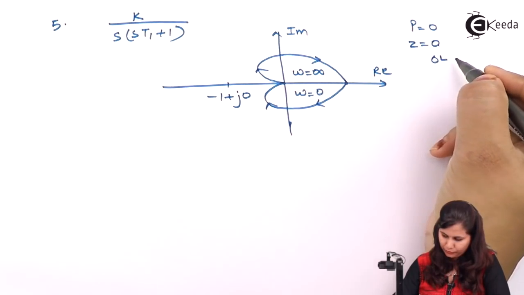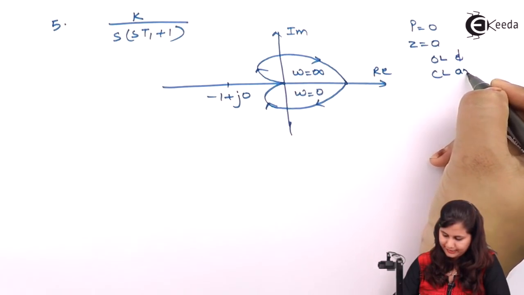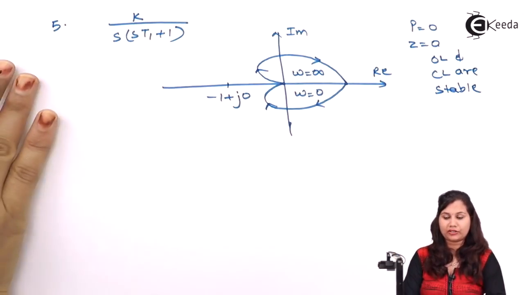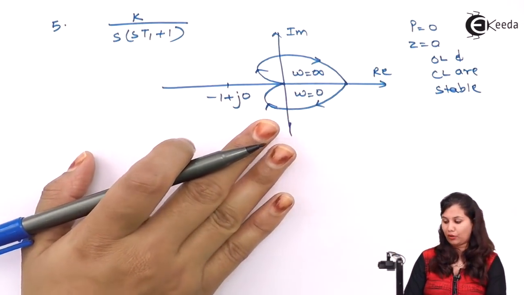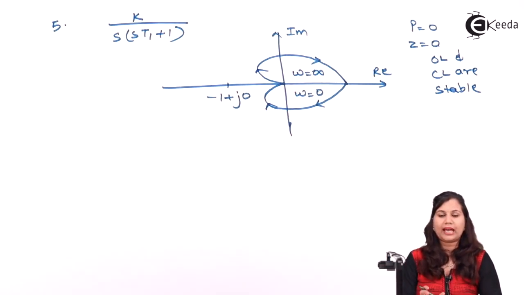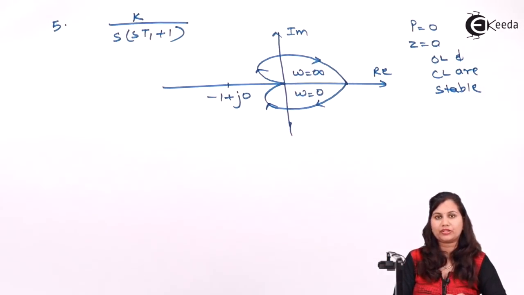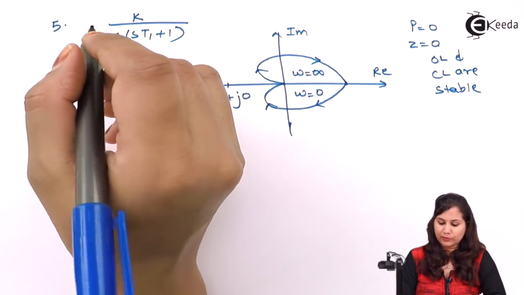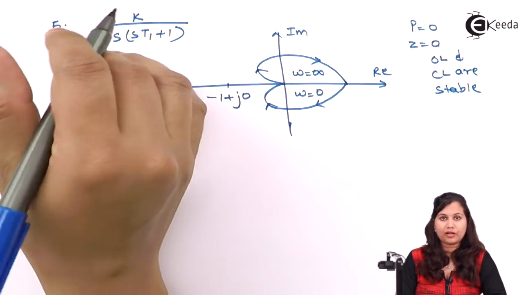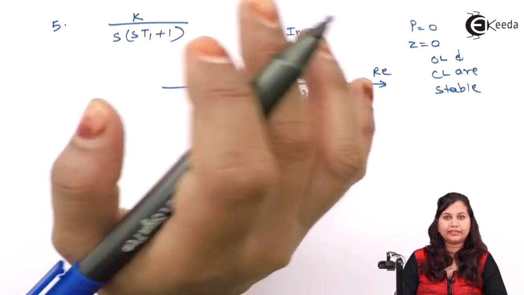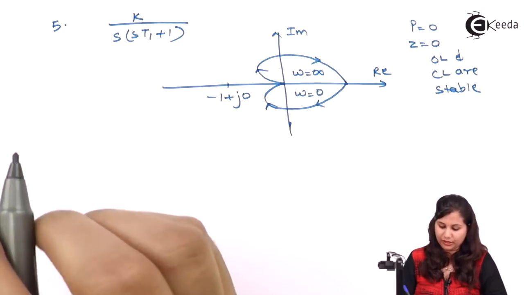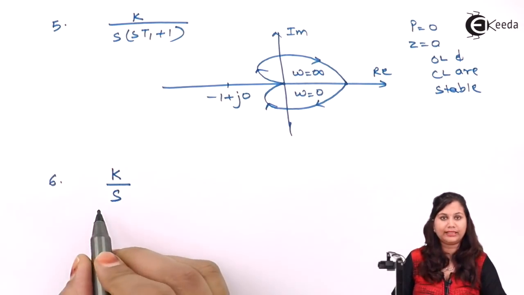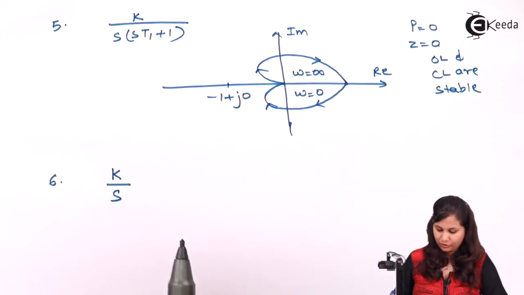So both open loop and closed loop are stable. If you can remember these transfer functions and their respective Nyquist plots and stability, you can have an idea whenever you have questions to plot the Nyquist plot. You can compare the transfer functions with these and get an idea about the stability of the system.